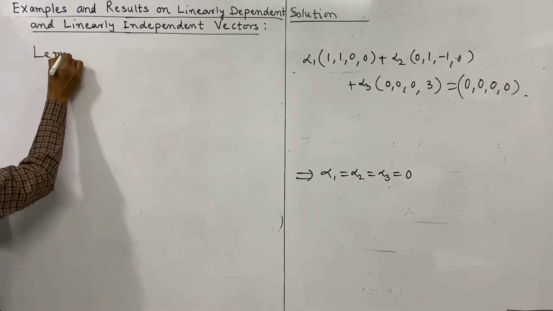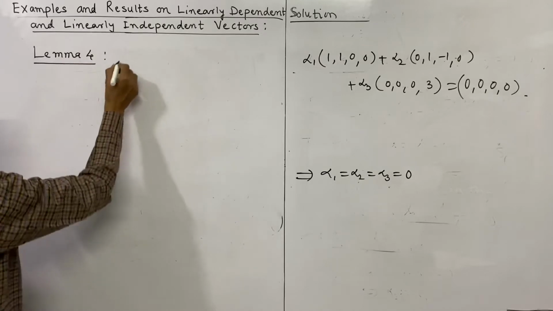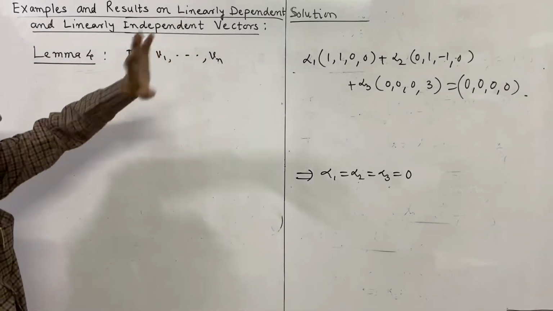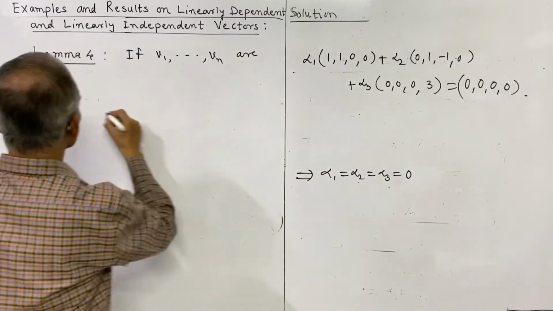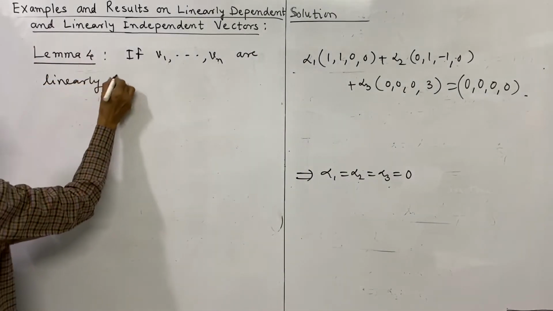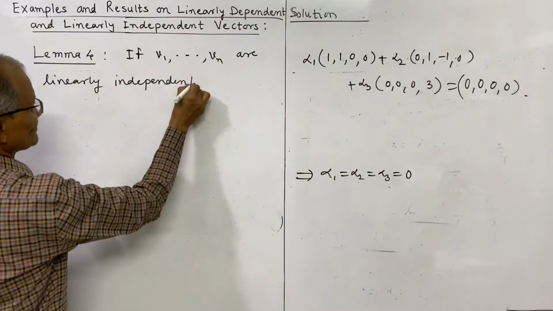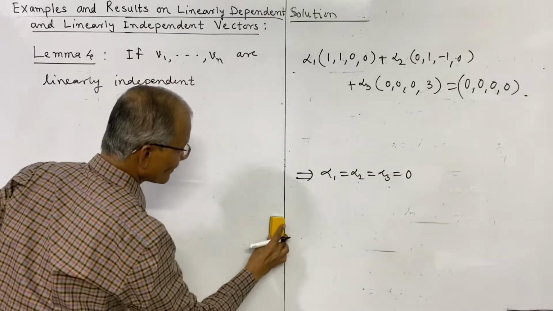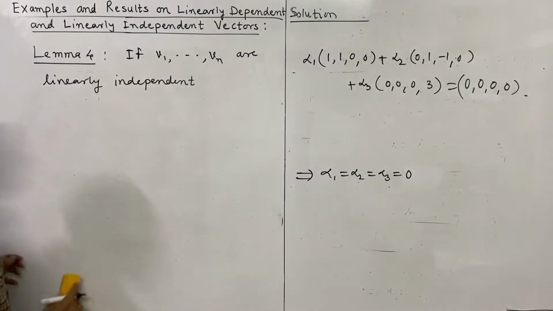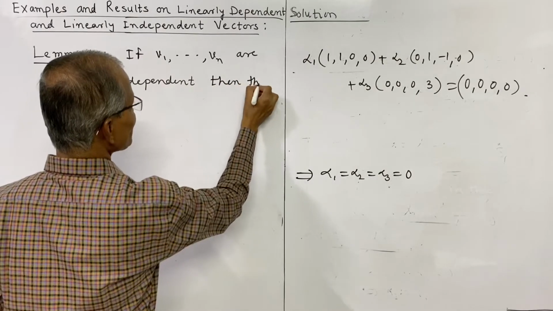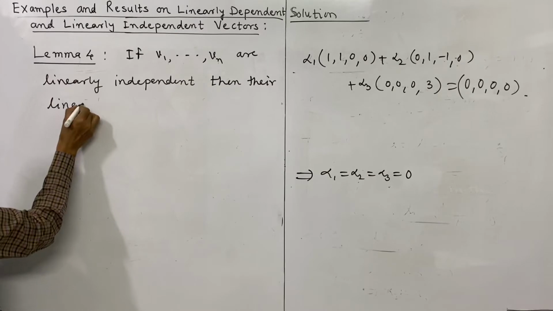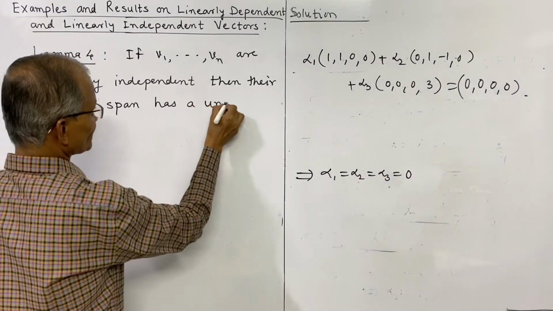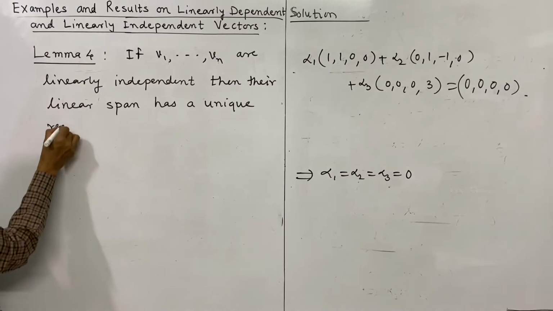I shall write the statement: if V1 up to Vn, this is a short notation, V1, V2 up to Vn are linearly independent, then their linear span has a unique expression, or unique representation.